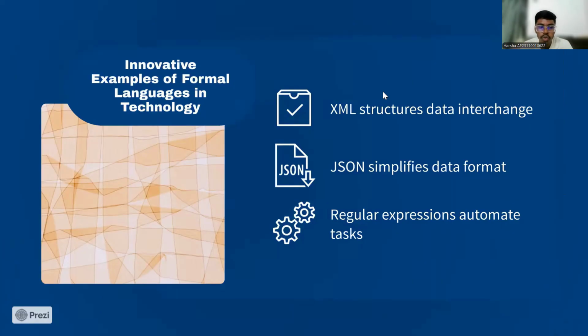It is used to store and transfer data, and it has strict syntax rules. Tags must match. It is a formal language because it follows a strict grammar with no ambiguity. And JSON simplifies data format. It is a lightweight data format, easier than XML, and it is used in web APIs and data exchange between the client and server.